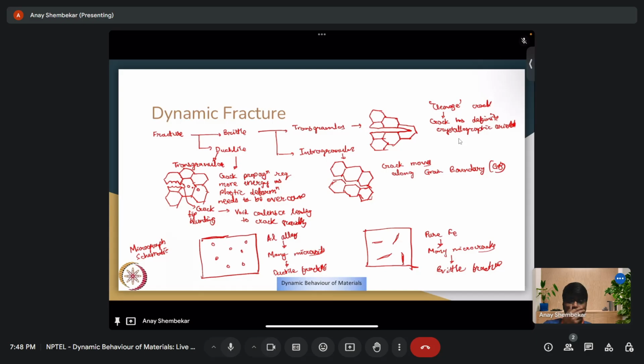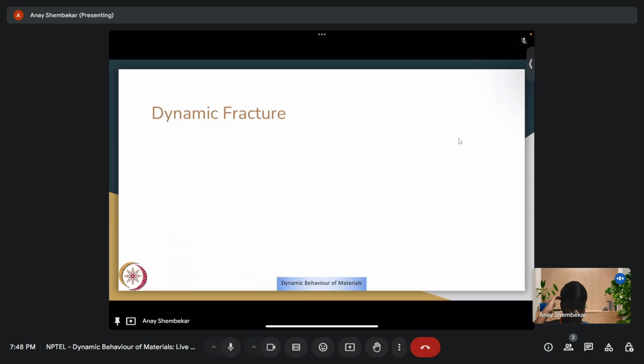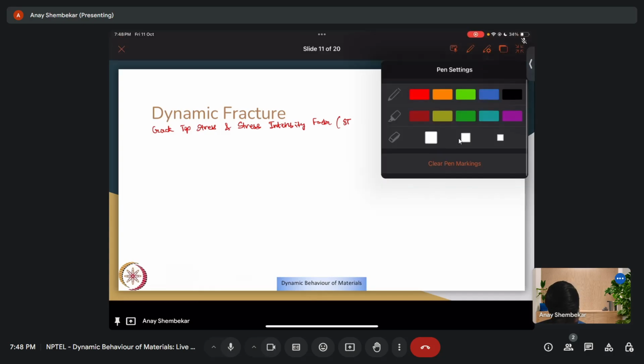An important concept associated with this is the crack tip stress, and stress intensity factor. Not stress intensity, sorry, fracture toughness.